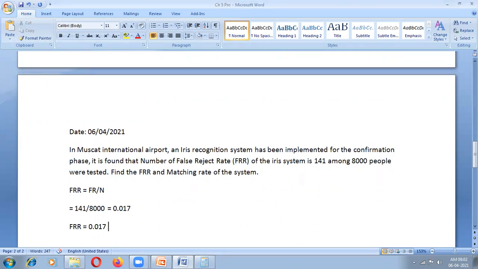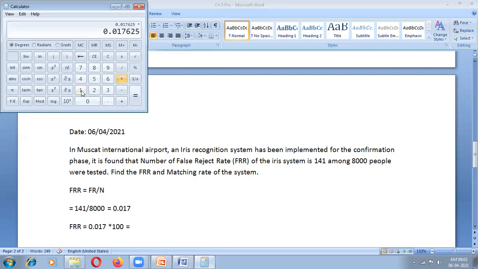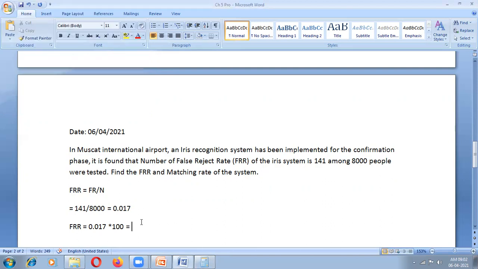If you need to convert to percentage, just multiply by 100. That is 1.76, something like that. 1.7 you can make it.